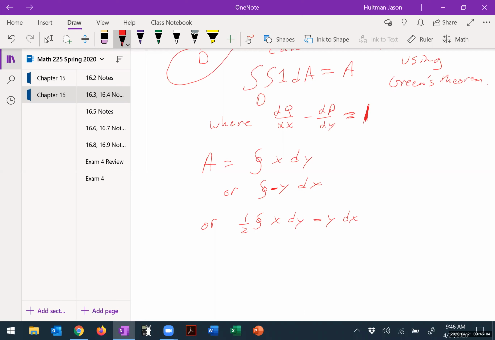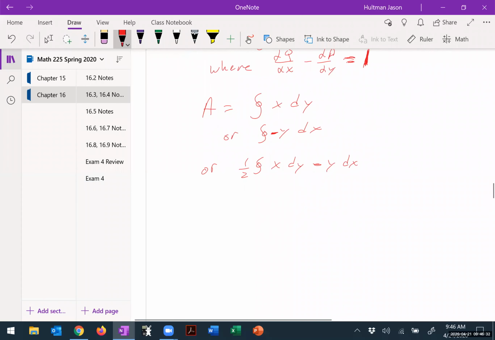If I do negative dP dy, then we get negative of a negative, which is positive, and that's going to be 1. So this is going to be 1 plus 1, which is 2, and then divide by 1/2, we get 1. Okay, so that's the deal there.